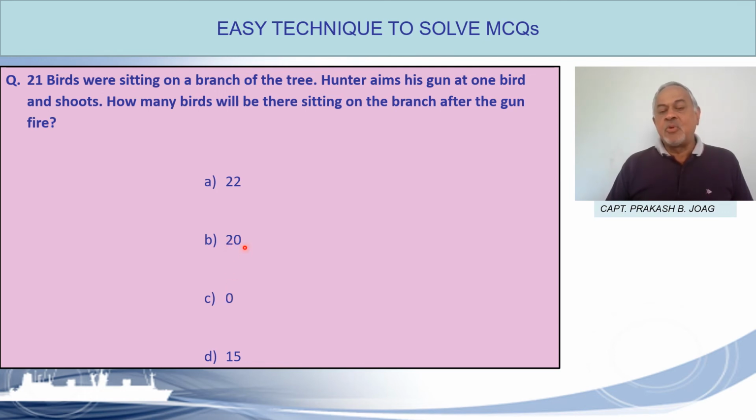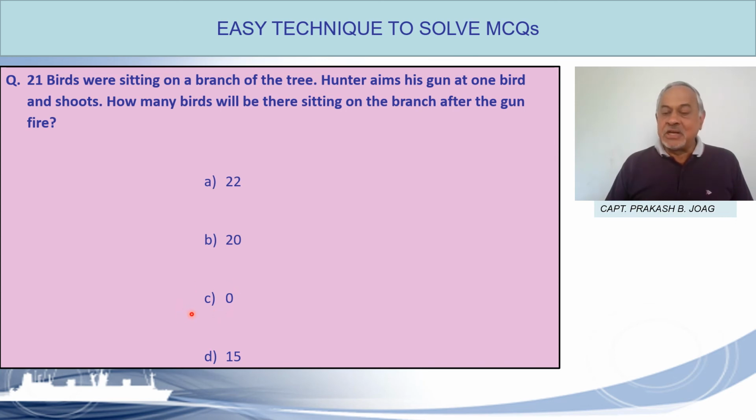And here we have to apply a little bit of logic. And what is that logic? After the gunfire, a big thundering sound will be there, and all the birds flew away after the gunfire, and there will be no bird sitting on the tree at all. So 0 is the correct answer.